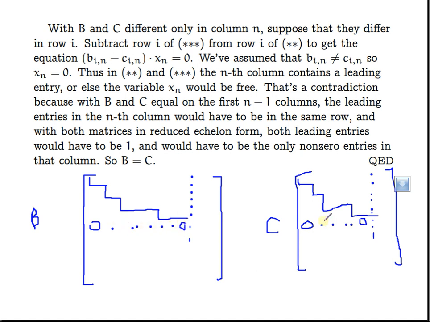So in fact, it's the very same row, because this stair step is the same as this stair step. That tells me that the leading entry in matrix B in column n is the same as the leading entry in matrix C in column n. The leading entry is in the same row. But what do I know about reduced echelon form? I know that the leading entry is always 1.